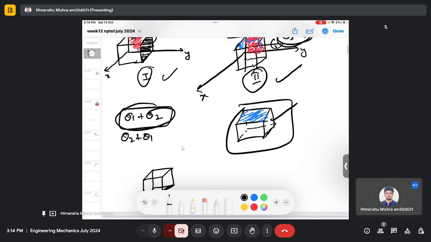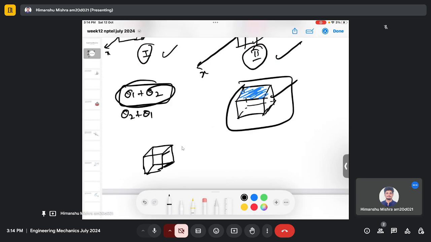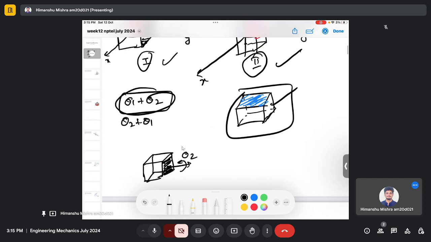Let's say this is my shaded part and I am doing the theta 2 rotation. What will happen if you rotate in this direction? This plane, this dashed part, will remain as it is, because you are rotating about the y-axis.